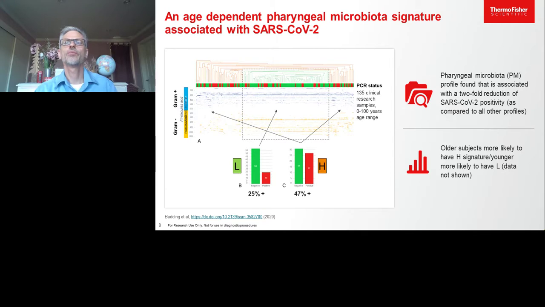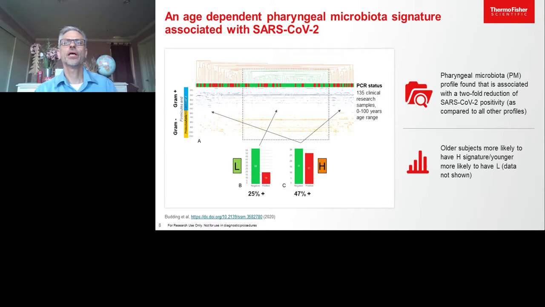This central cluster showed a relatively low level of SARS-CoV-2 positivity compared to the samples outside of the central cluster. For the central cluster, about 25% of the people were SARS-CoV-2 positive, and outside of this cluster, this rose to 47%.